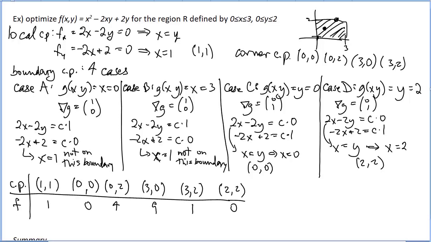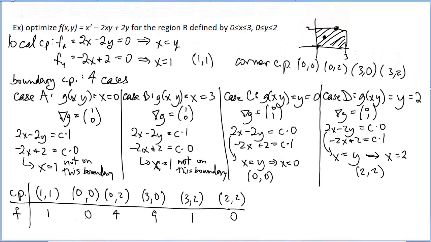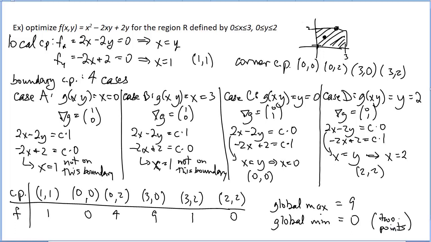So a quick look at this tells us that the global max value is 9 and the global minimum value equals 0. And we'll just note that the global min occurs at 2 different points.